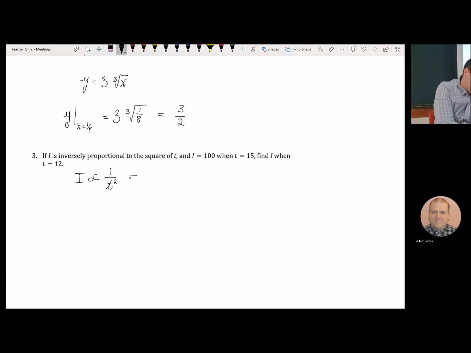This means that I is k/t squared for some constant of proportionality k. Inverse square proportionality is actually very common, so common that in physics it's called the inverse square law.